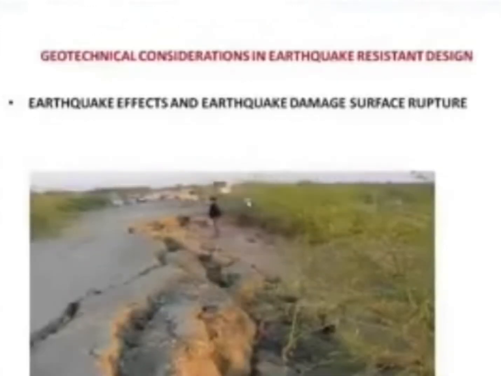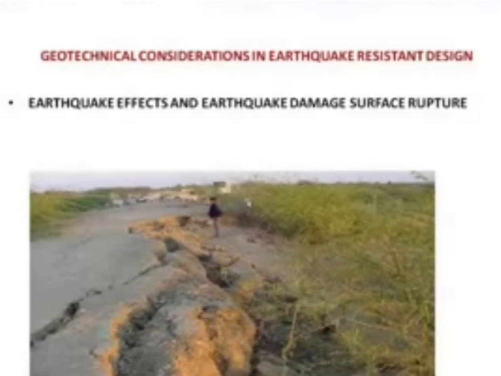You see, generally during earthquake, the ground surface ruptures. And nowadays through remote sensing, one can monitor this kind of rupture. And they can also give you an idea about the maximum displacement during earthquake, I mean, the maximum width of the crack.